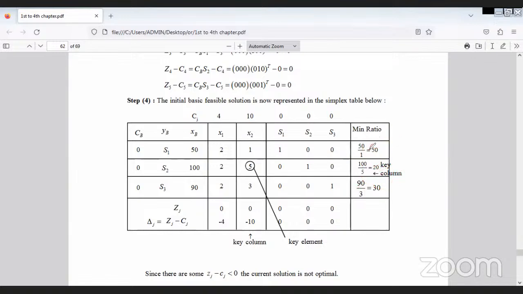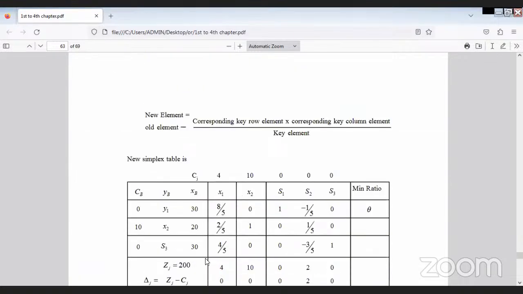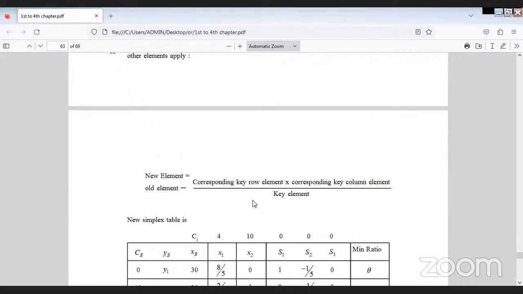So 50 plus 20, 70. 90 minus 70 అంటే 20. 90 minus 70, 20, sir. 50 plus 20, 70, 90 minus 70, 20, see here.